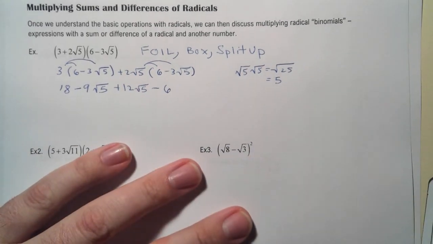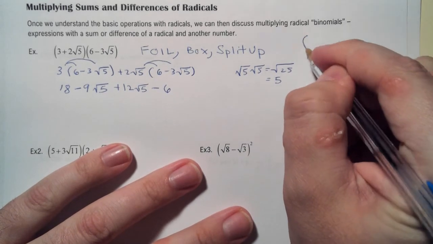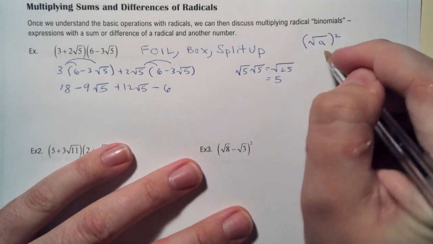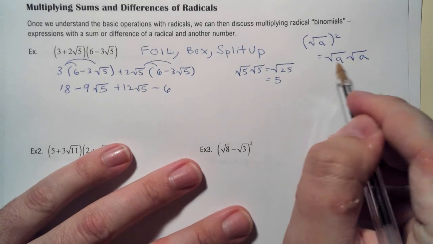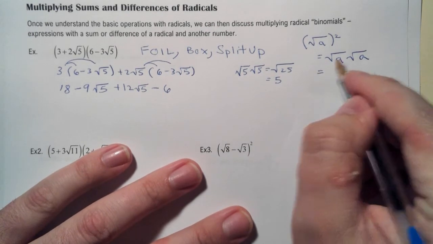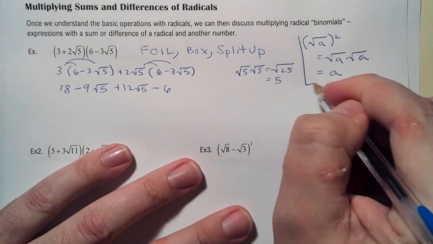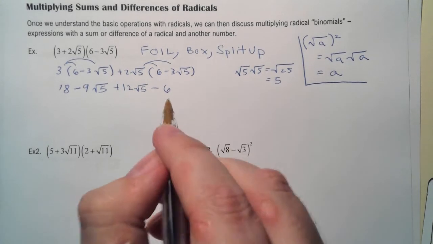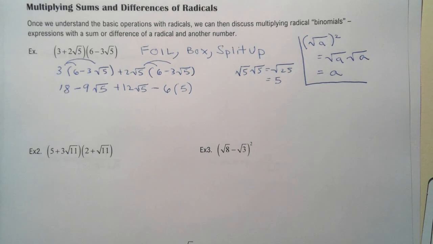But if you're thinking in terms of the actual mathematical definition of a square root, by definition, the square root of a, for some number a, is a number where if I multiply it with itself, what I get is whatever's in that radicand. I get a. By definition, that's what a square root is. So the square root of 5 times the square root of 5 will be 5. The square root of 10 times the square root of 10 is 10. The square root of 29 times the square root of 29 is 29.